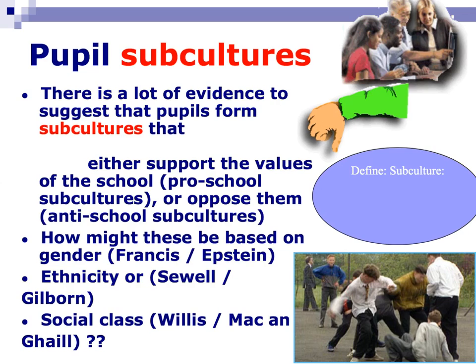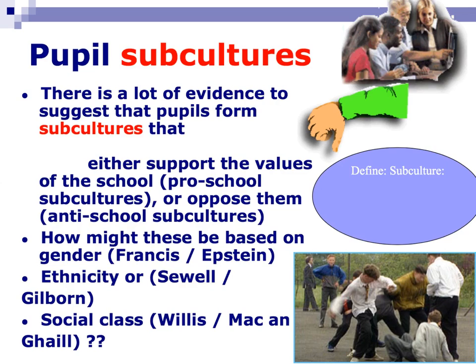Paul Willis called them counter-school cultures. Can you annotate on your PowerPoint how these subcultures can be based on gender, ethnicity, and social class? I've given you the different studies that talked about subcultures and gender, ethnicity, and social class, so you should be able to look back through your notes on this if you're not too sure.